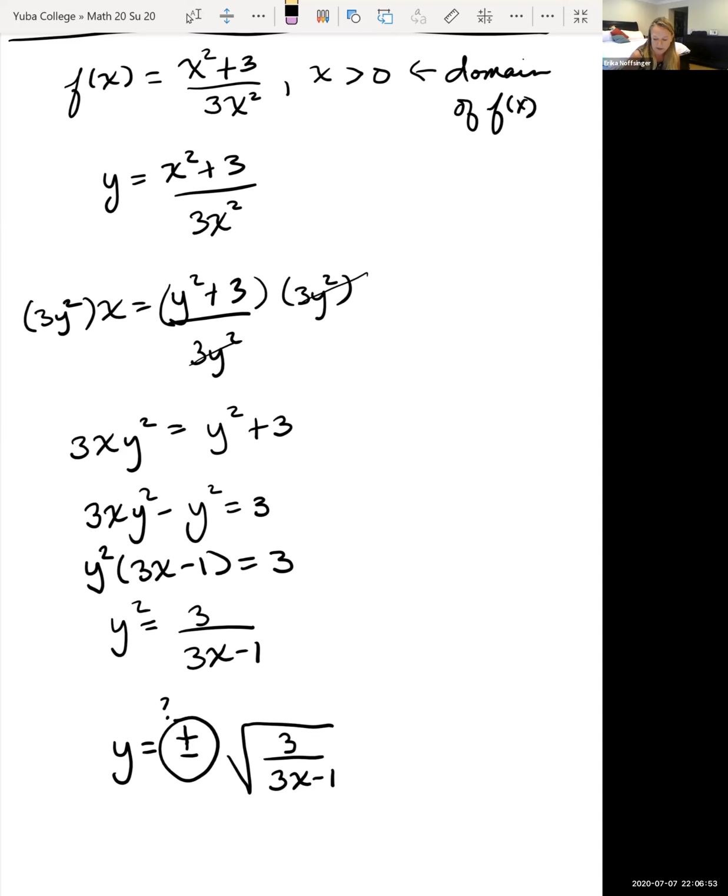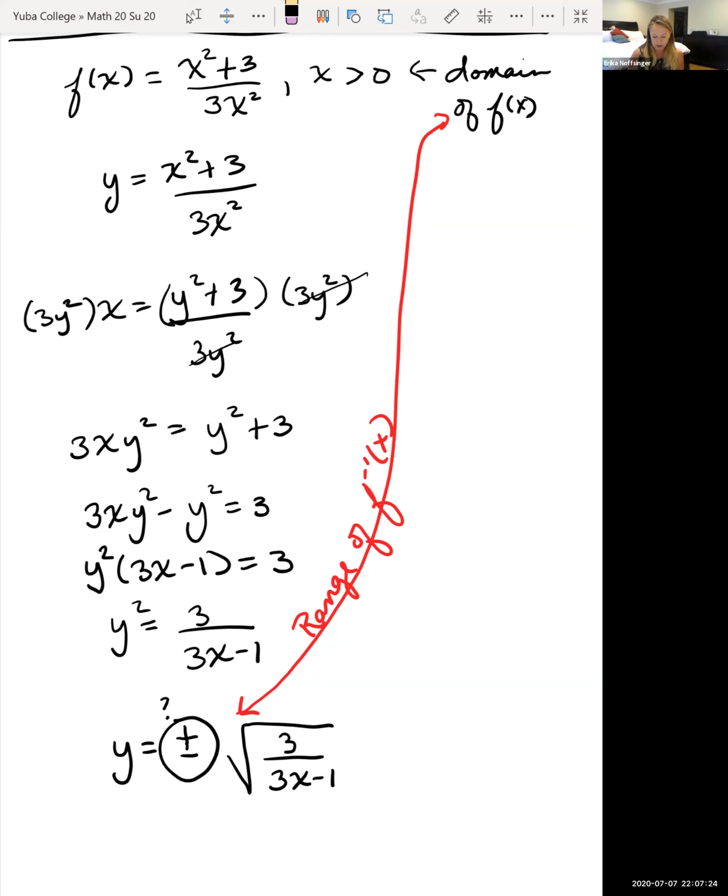So the domain of f of x, x is greater than 0. So this is actually our range. So this is going to help us. This is our range of our inverse function. So that means we are going to be getting back positive numbers for our range.